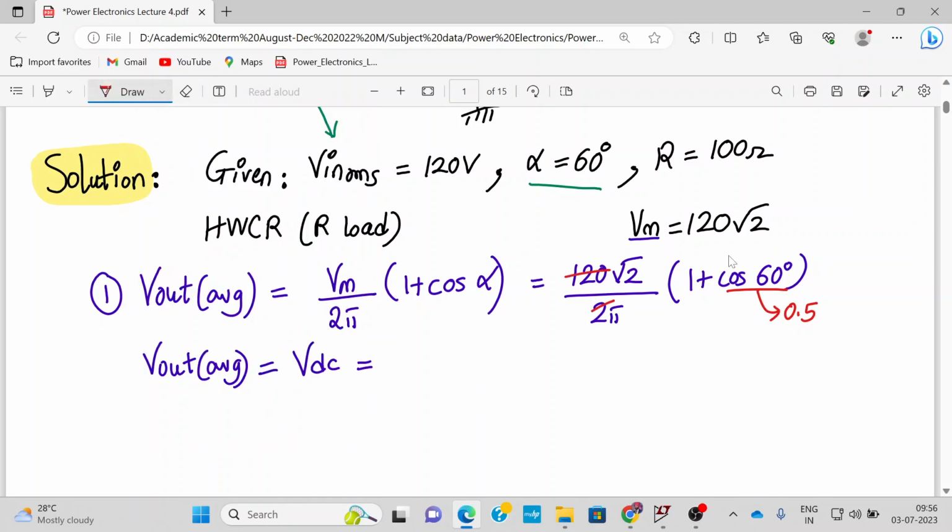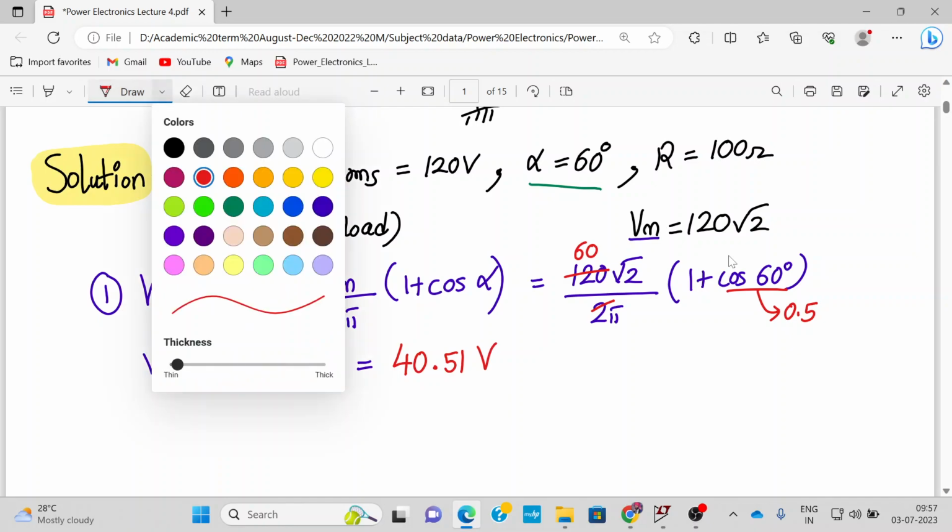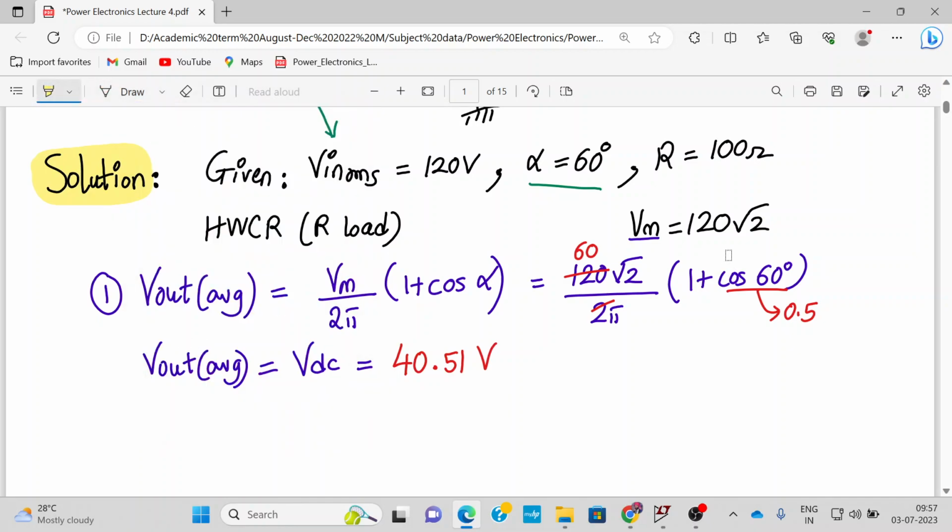So this is 2 and this will be 60, into root 2, into 1 plus half, that is 1.5, and the whole divided by pi. So it's coming very close to 40.51 volt. That's the value of V out average or VDC.